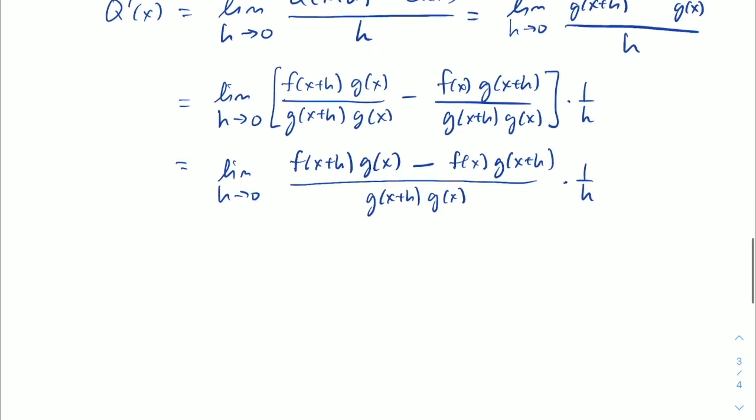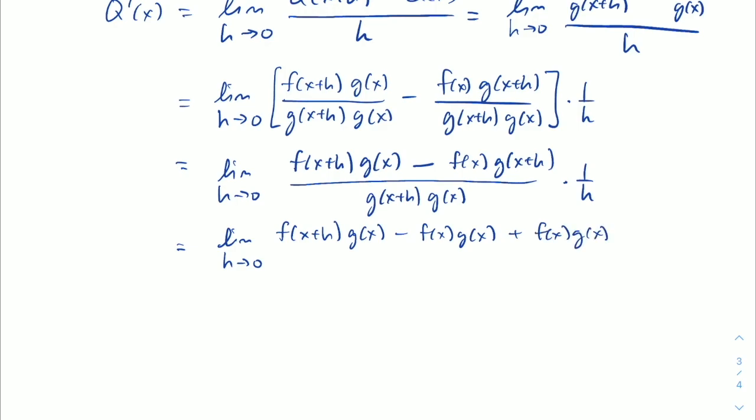All right, now I'm going to do something that may seem a little strange at first. I'm going to add and subtract something to the numerator. So I'm going to add and subtract f of x times g of x, like so. And because the adding and subtracting would undo each other, I'm not actually changing the numerator.